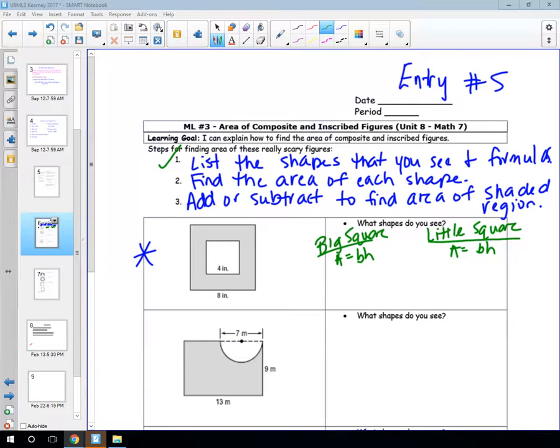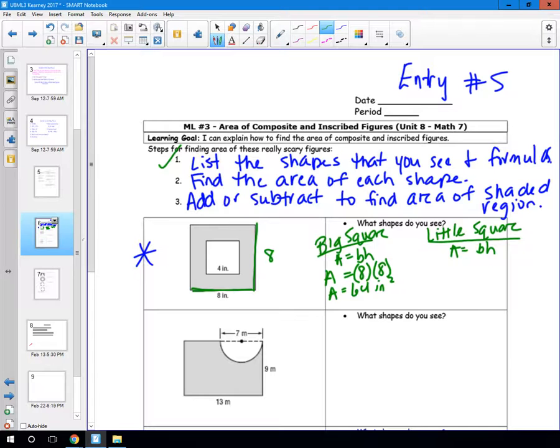Step 2, now we're going to find the area of each shape. The area of the big square: if this side is 8, that means that this side, since it's a square, is also 8. So we plug in base times height, 8 times 8. The area of the big square is 64 inches squared.